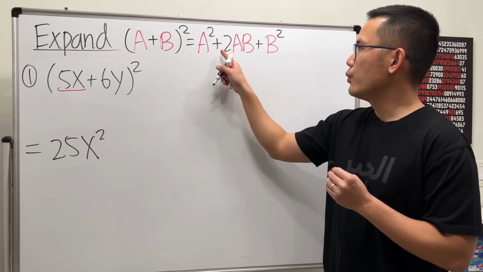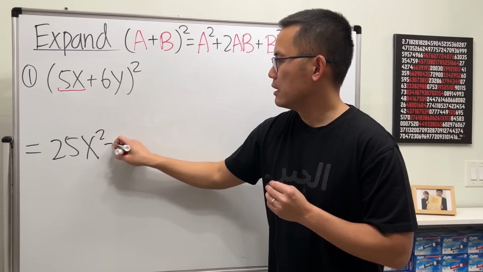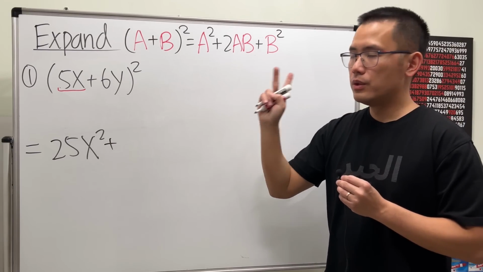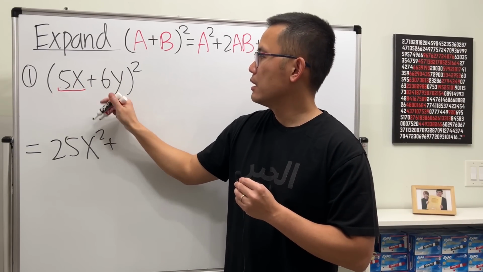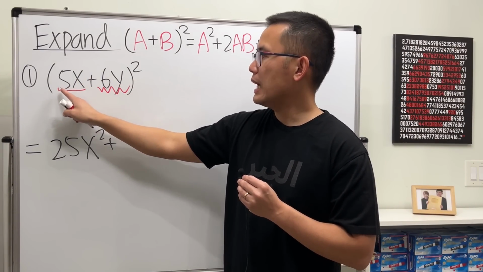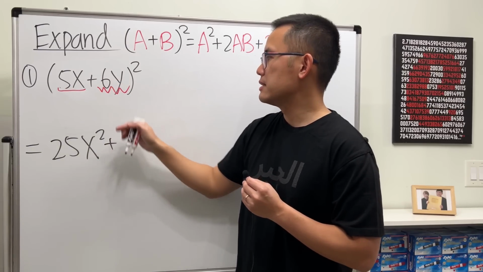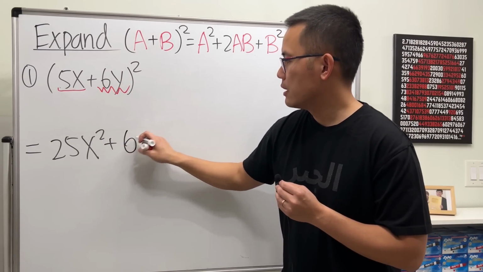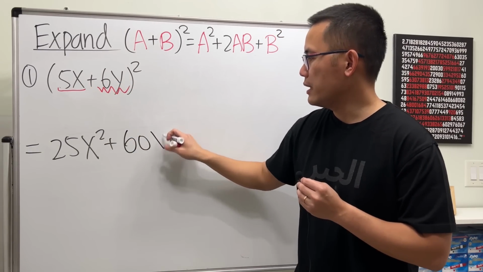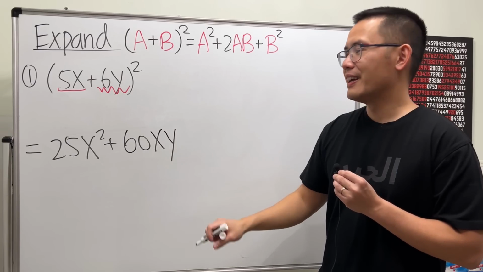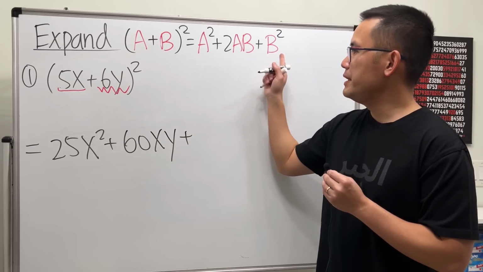And to continue, we add here we have the 2 times ab, right? So 2 times 5 is 10, times 6 is 60, and then also put down the x times y, just like that. Finally, we add b squared.